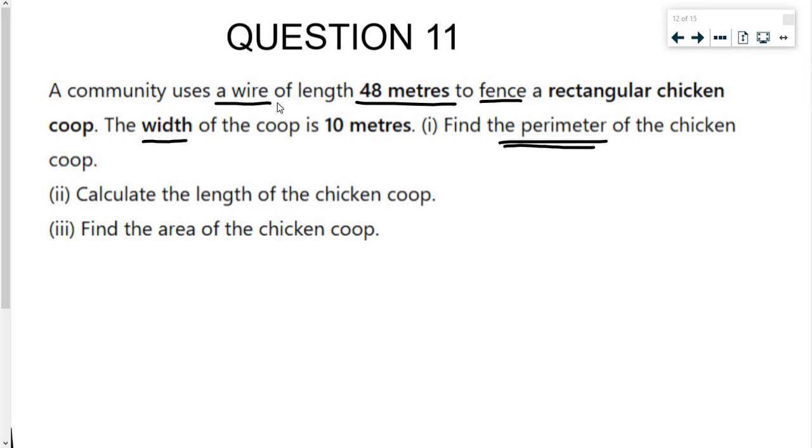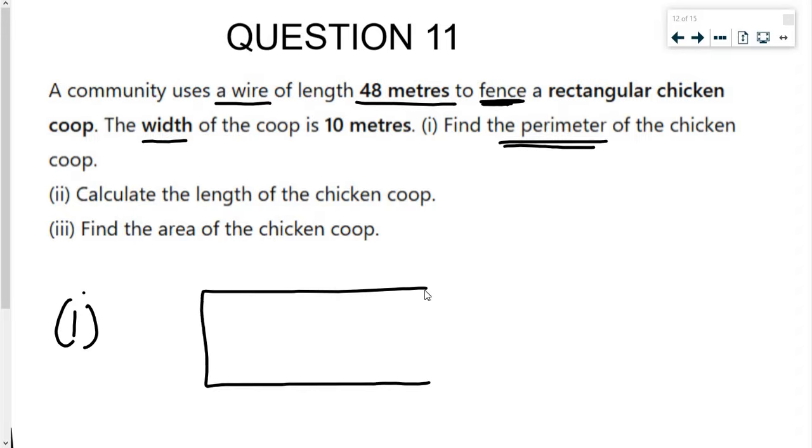Question 1, we are given a rectangular chicken coop and we want to fence this rectangular chicken coop using the length of the wire, 48 meters. Now the question is, find the perimeter of the chicken coop.